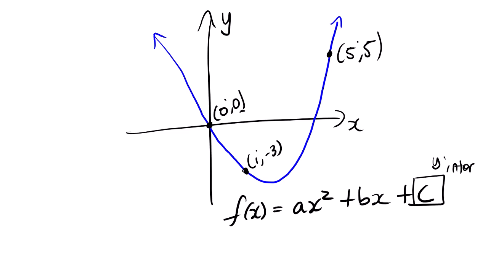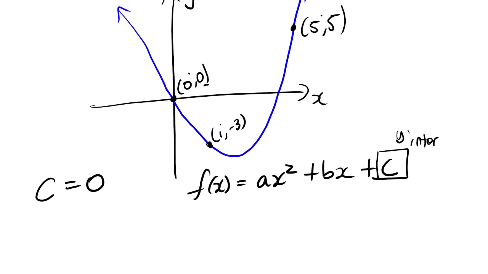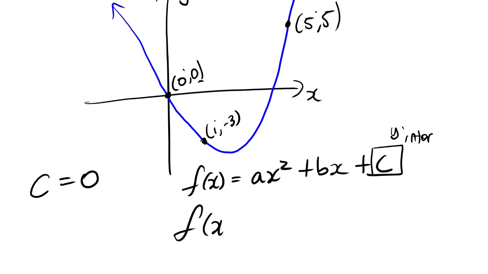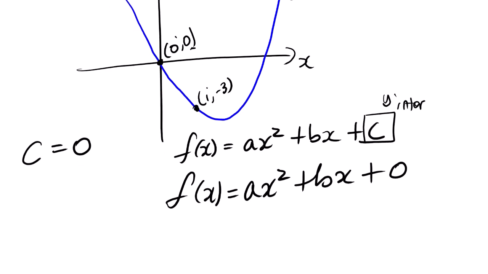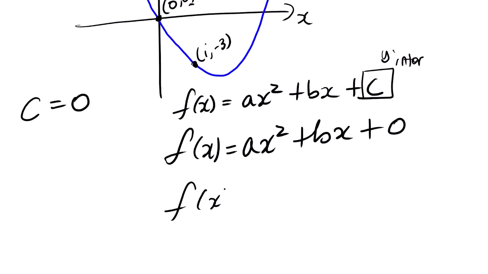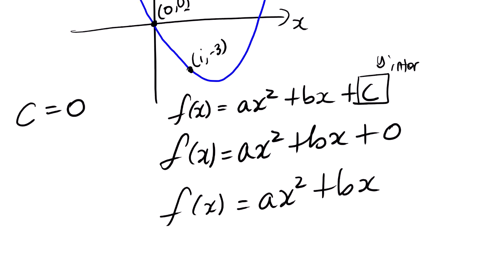It's 0. So before determining other values, just know that c equals 0. So we are done with c. We need to determine a and b. So I will simply put 0 here, which is the same as f of x equals ax squared plus bx.